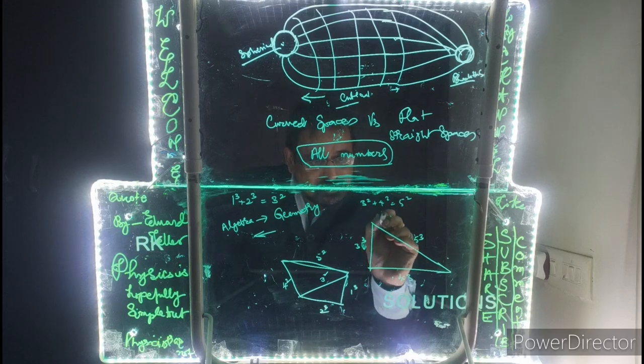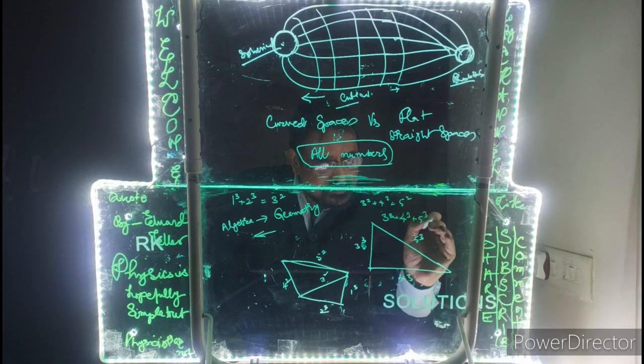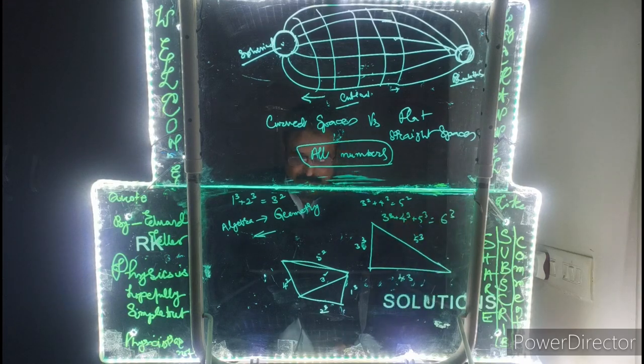So this is rather odd, and the relation we have here is 3 cube plus 4 cube plus 5 cube is equal to 6 cube. So I thought there is definitely some indicator in the math between the first 6 natural numbers.